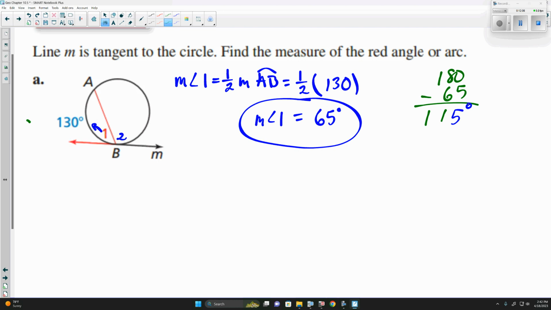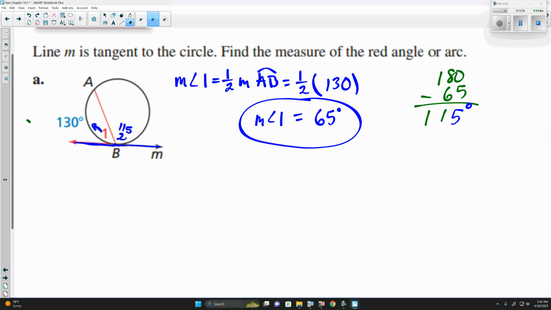Now, the angle we're talking about at 1 is not the angle where the circle and that line make. We're actually talking about the tangent line and that line itself. Does that make sense? Yes, we're talking specifically the red lines, not where that curve comes in. So this straight line here, and this straight line here. So this angle is 115 degrees.